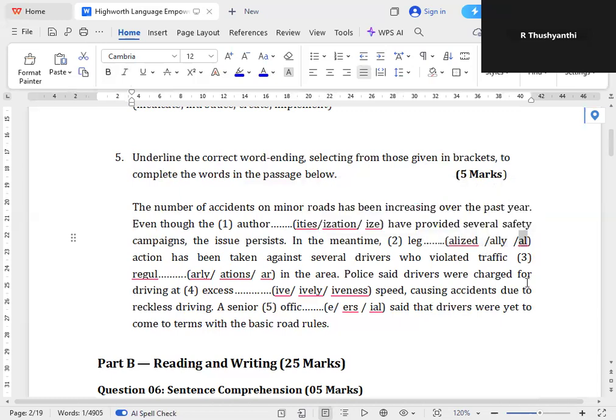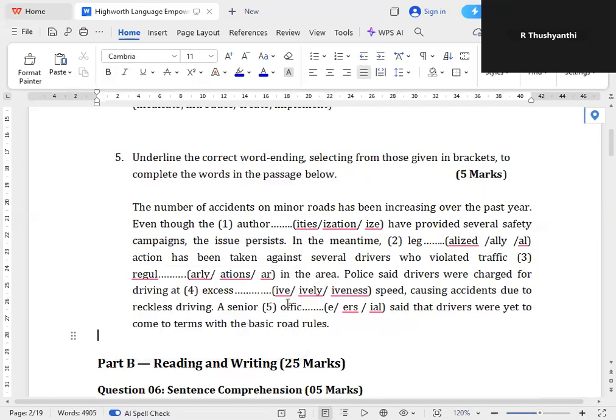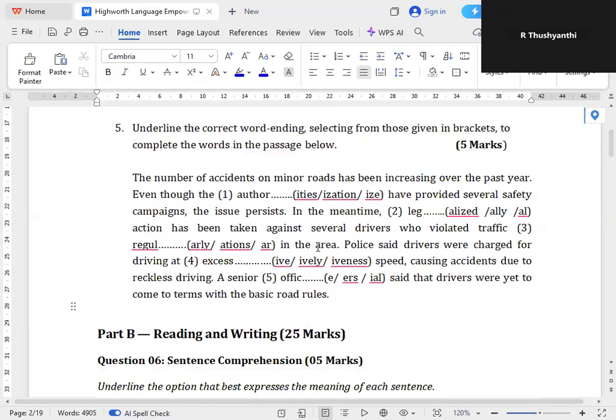Legal is an adjective. Right? So legal action. In the meantime, legal action has been taken against several drivers who violated traffic regulations in the area.